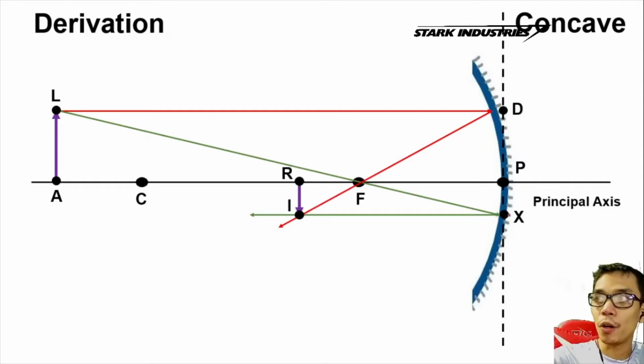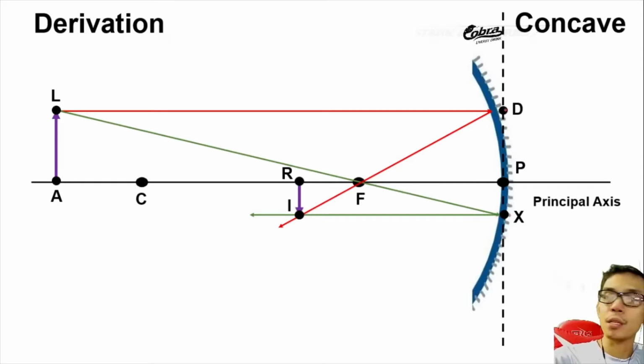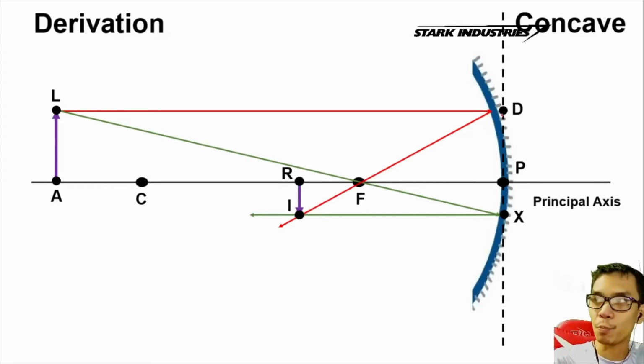I have also point D. This is also tangent to the surface of the mirror, and this is where your principal ray touches down on the surface of the mirror. So that is point D.